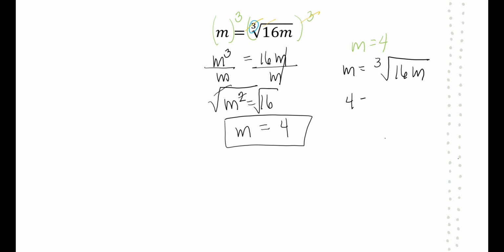This would be 4 equals the cube root of 16 times 4. 16 times 4 is equal to 64. And the cube root of 64 is equal to 4 because 4 times 4 times 4 is equal to 64. Therefore, we can say that our computed value of the variable m, which is 4, is correct.